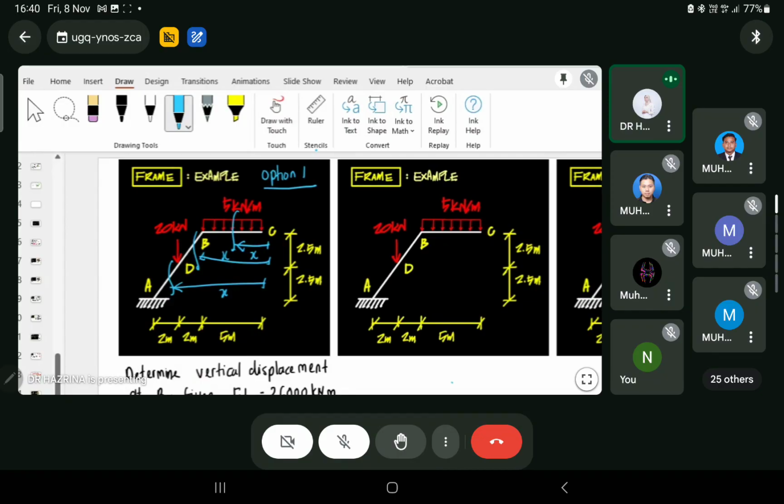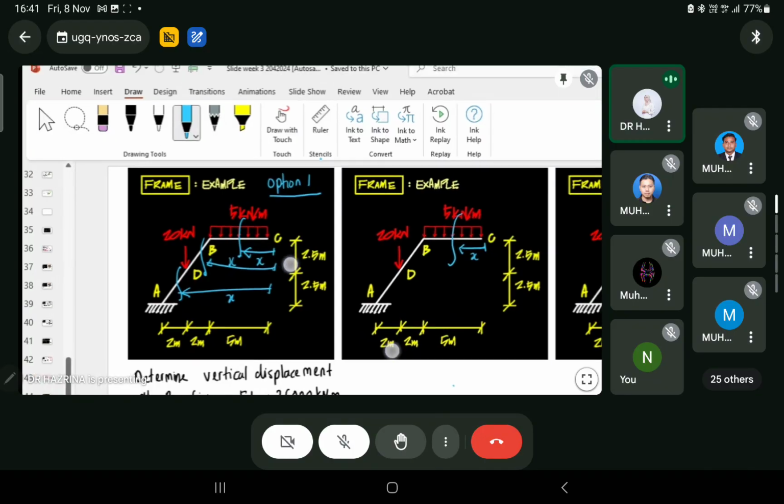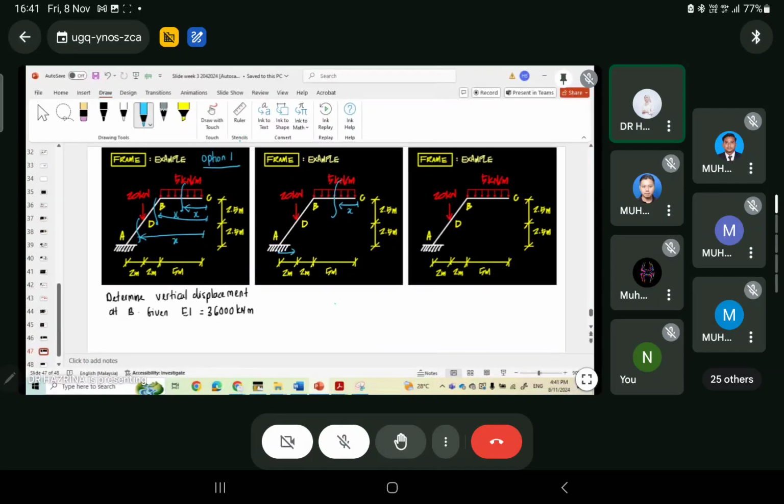So another options, you can start to calculate like this. Okay, you boleh buat here X. Okay, and then you boleh calculate daripada sini pula. X1 and the other X. So this one can be your option 2.